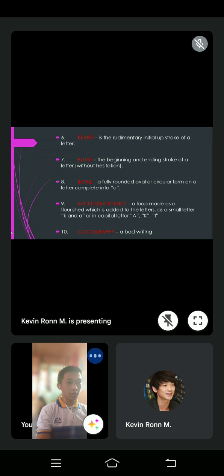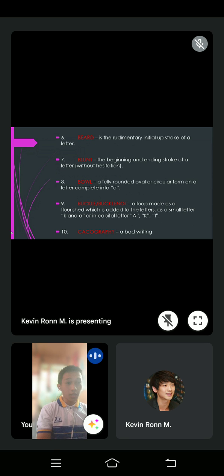It is a loop made as a flourish which is added to the letters, as in small letters K and A, or in capital letters A, K, and I.